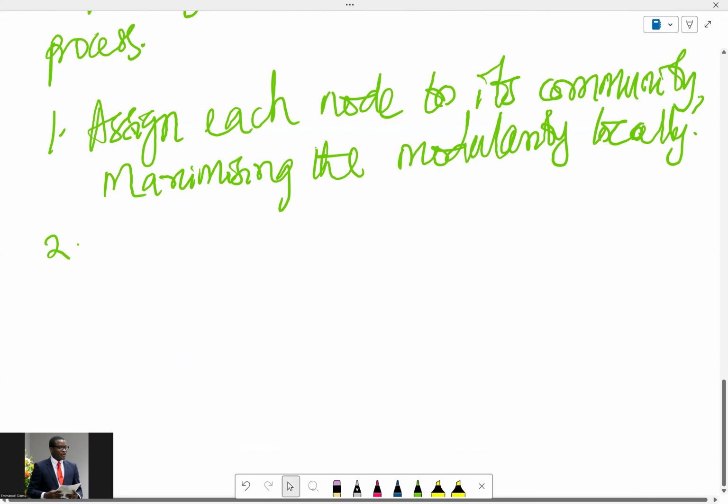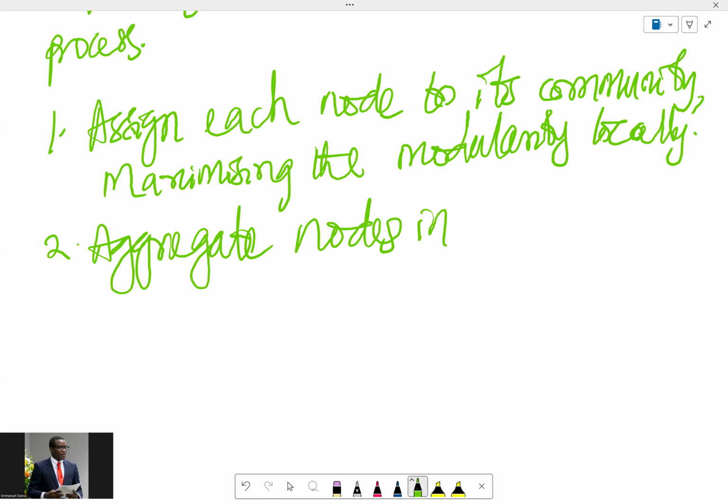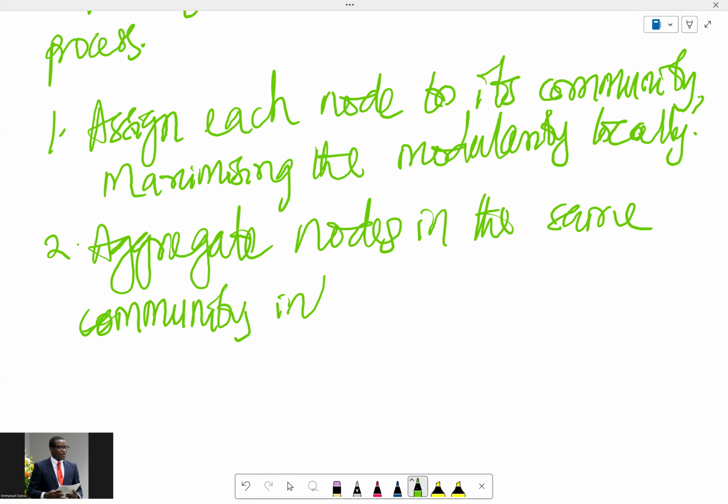Then the second step is to aggregate nodes in the same community into super nodes and repeat the process.